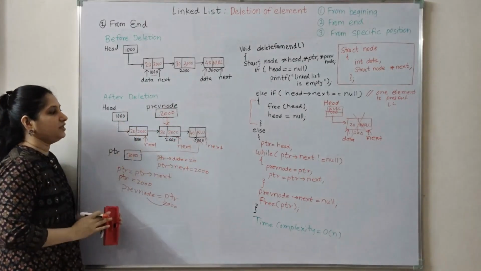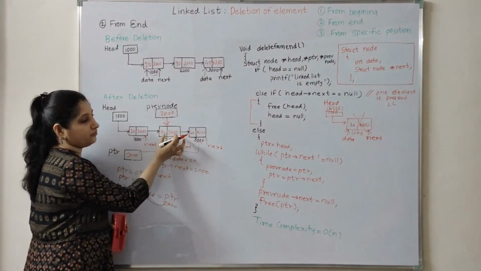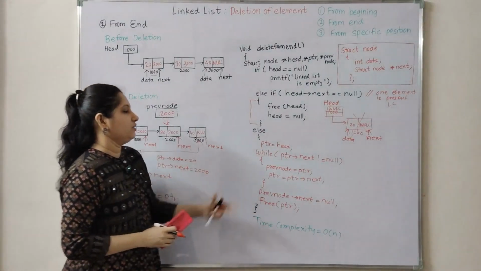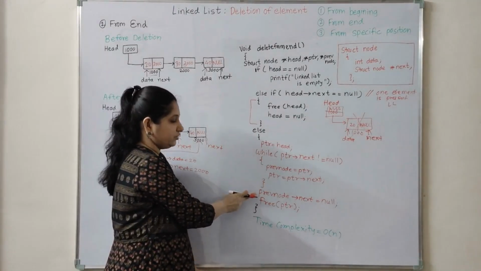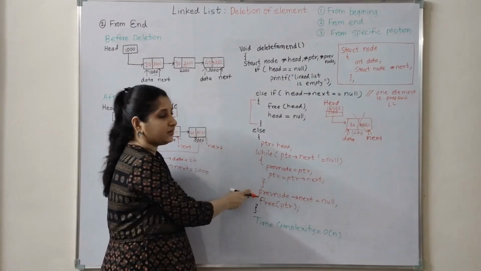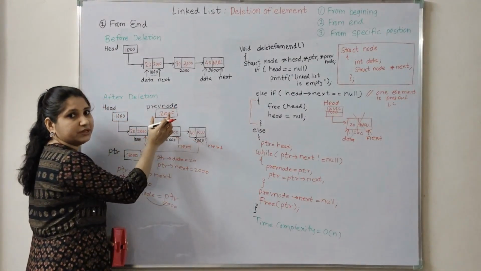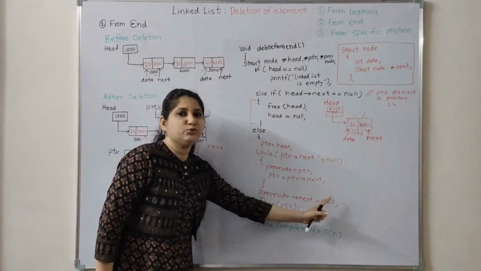Now you can see we have to update that 3000 memory location with the help of this null variable. How can we update it? Now we are not going inside the while loop, so the next part of our previous node will be null. So we are writing over here previous node of next is equal to null.